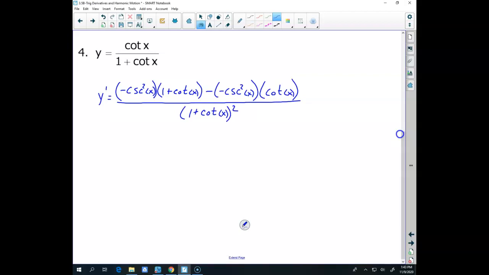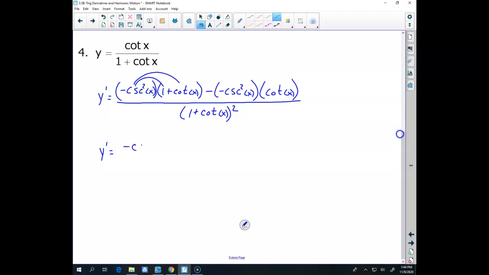And that's a 1 plus cotangent times a 1 plus cotangent. I would never really want to expand that denominator out because in the end, when I reduce by factors, I'm already factored there. So what do I need to do? Well, if you look at the long path here, y prime is going to equal, well, I'm going to have to distribute here.